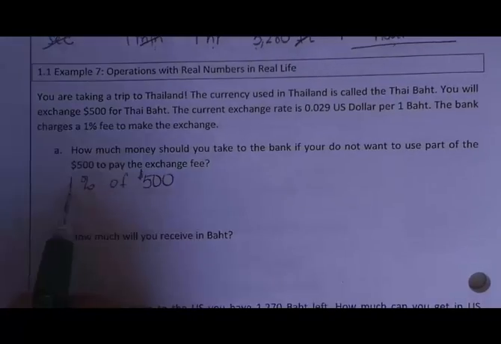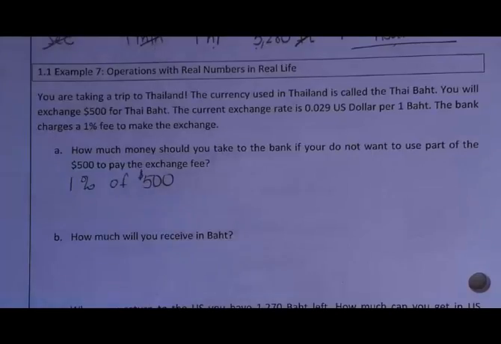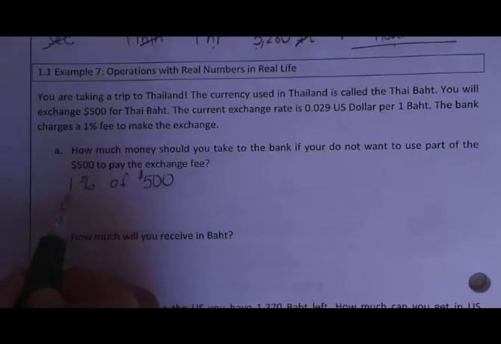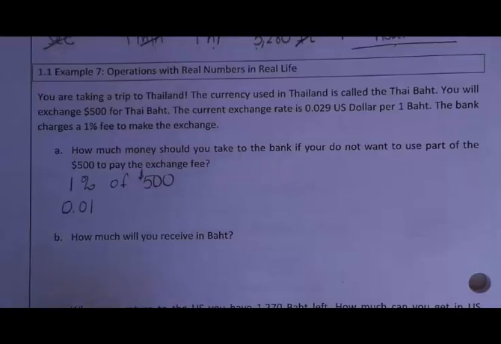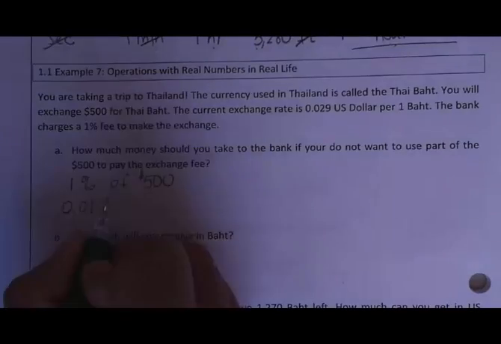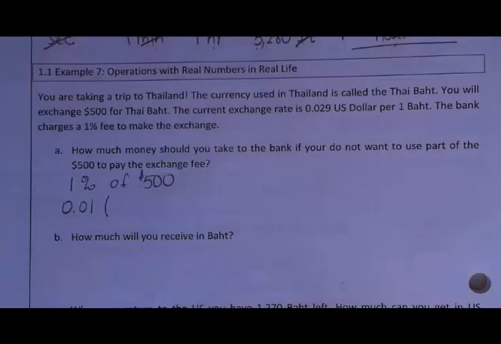You need to convert it. Okay, and so to go from a percent to a decimal, we basically move our decimal 2 places left. So you're really working with the number 0.01 or 1/100. Of is the same thing as multiplying. I'm going to use parentheses to show my multiplication of $500.